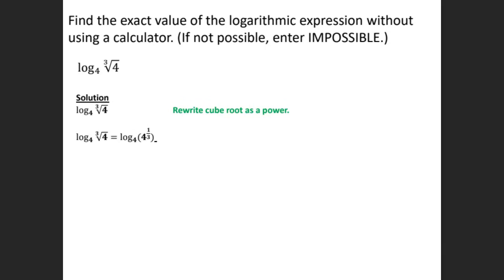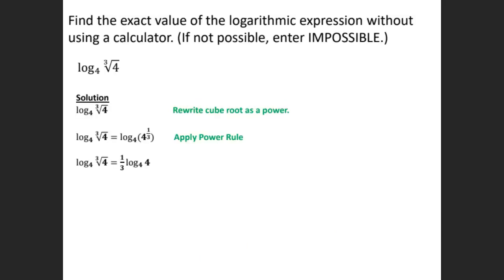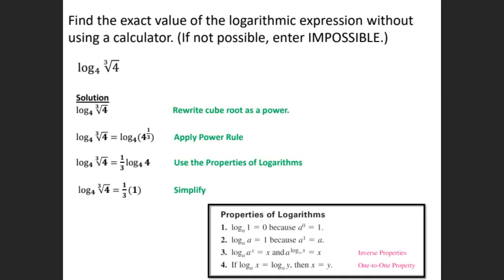I can use my power rule because I have an exponent, and that's going to give me 1/3 times log of base 4 of the input 4. And I know by my identity property that any log with a base of 4 and the input 4 has a value of 1. So 1/3 times 1 is going to give me 1/3. Yes. And I was able to solve this problem without using a calculator.